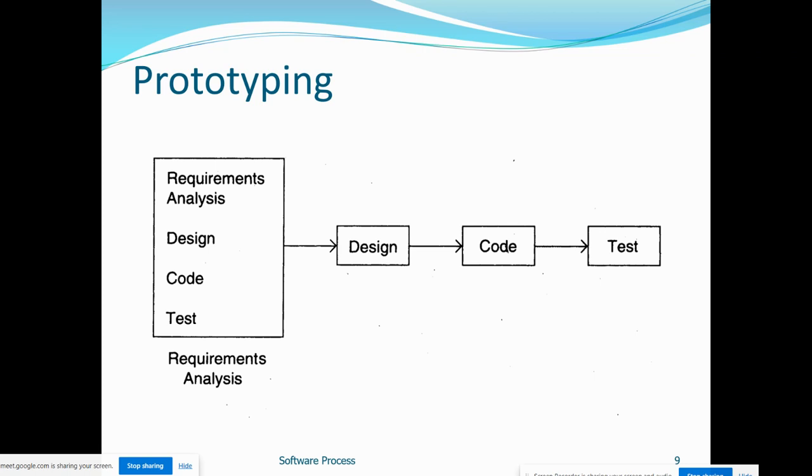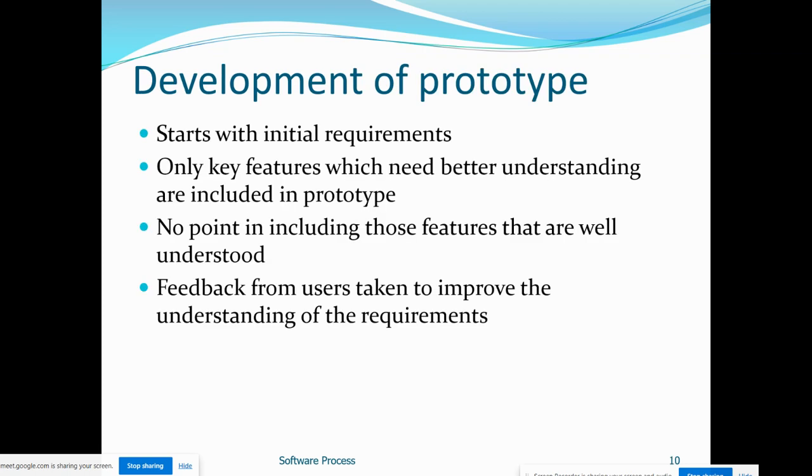Whenever I want to make any changes, I make the change in the corresponding phase automatically. So I have to start with my initial requirements. You should have some better understanding of development.